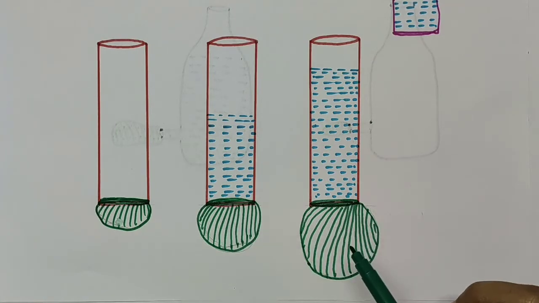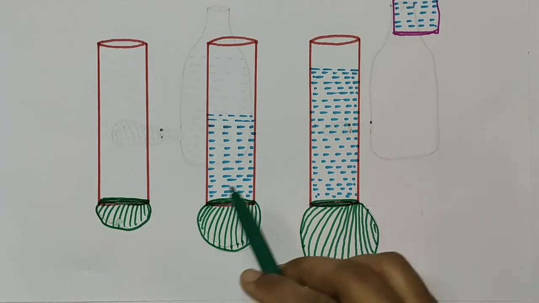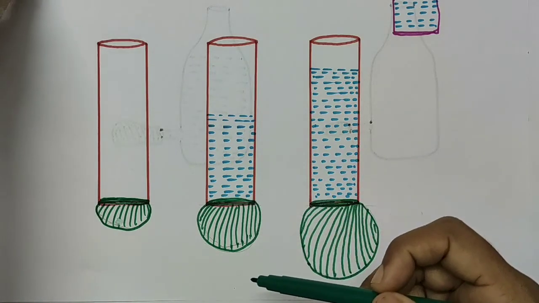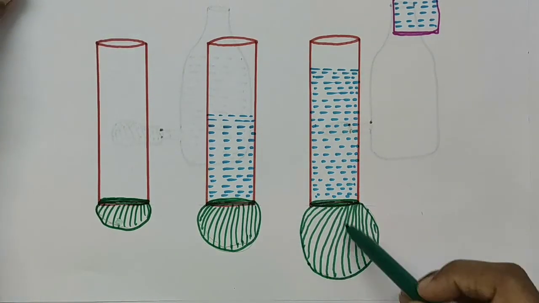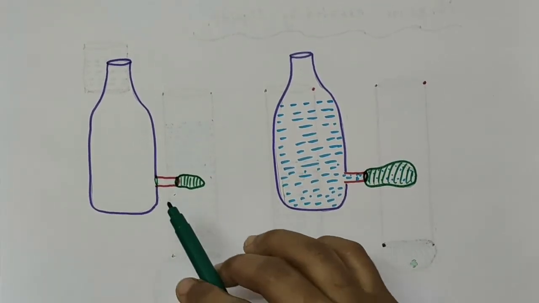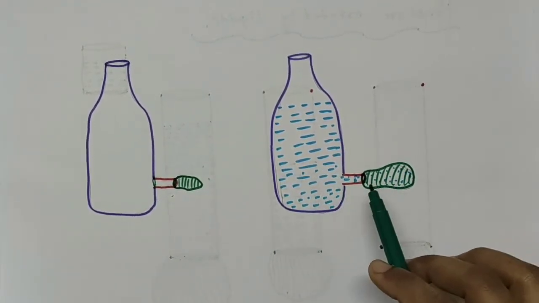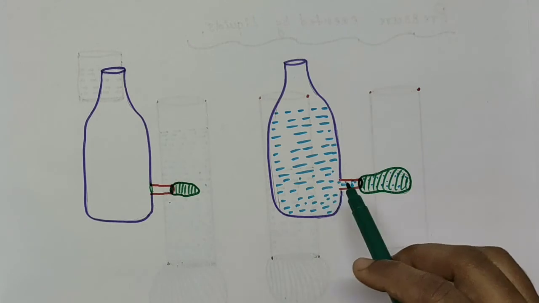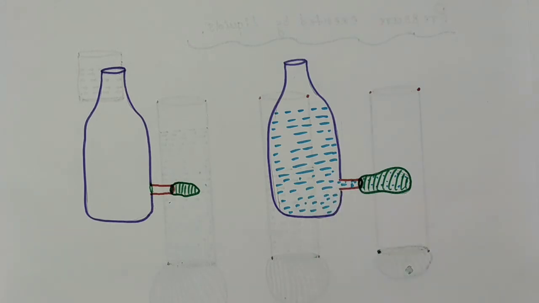A container of the liquid can be a glass, tank, water tank, bottle, etc. The balloon was fixed at the bottom of the glass tube, so water can exert pressure at the bottom. And from the other example, water can exert pressure on the sides of the container. You can take any other liquid, and that liquid can exert pressure on the sides of the container too.